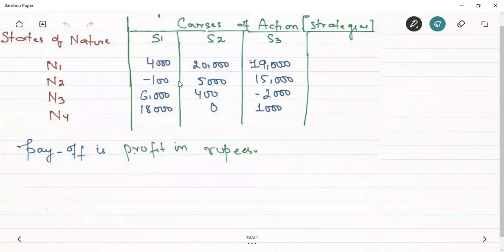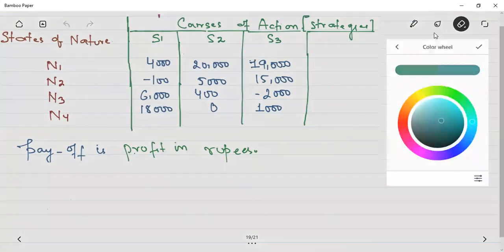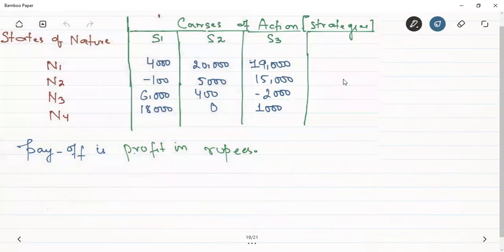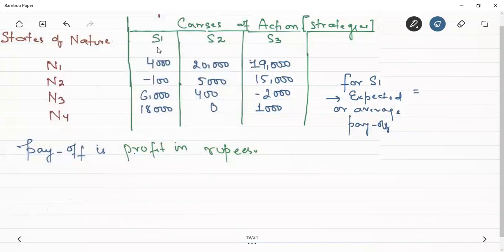So for each course of action, I will calculate the average value. For S1, the expected payoff, or average payoff, will be given by the average of all these.